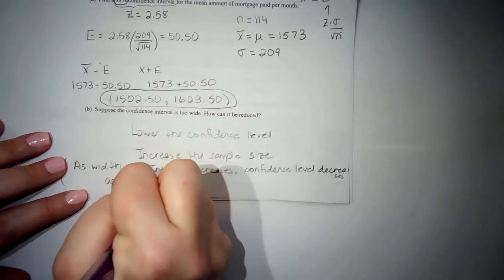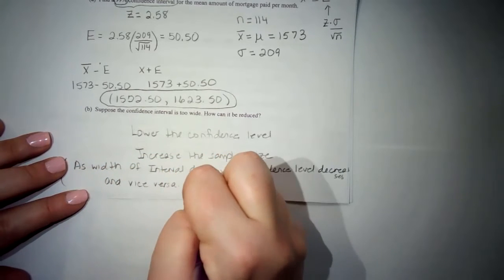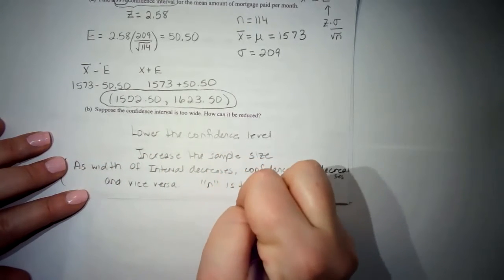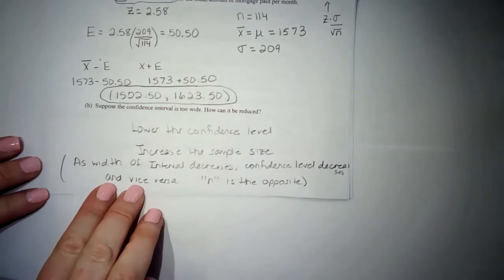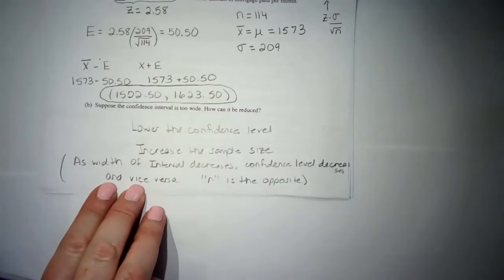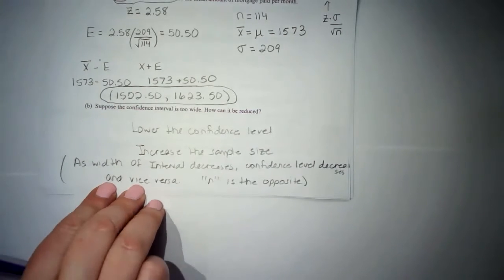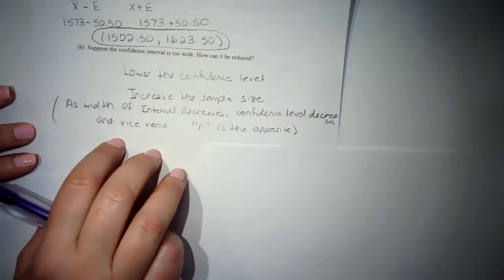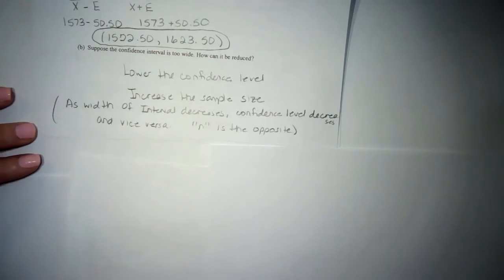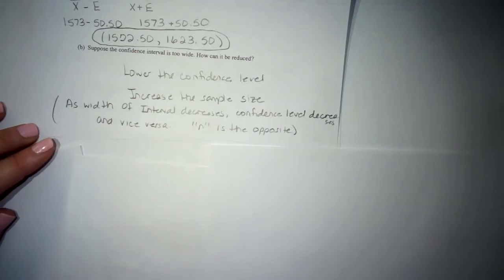And vice versa. N is the opposite. I don't know if that helps you at all, but just put that down there. So your interval and your level, those go together. As one increases, the other increases. As one decreases, the other decreases. Vice versa, but n's the opposite. Whatever n does, the opposite thing is going to happen with the other two. Okay.